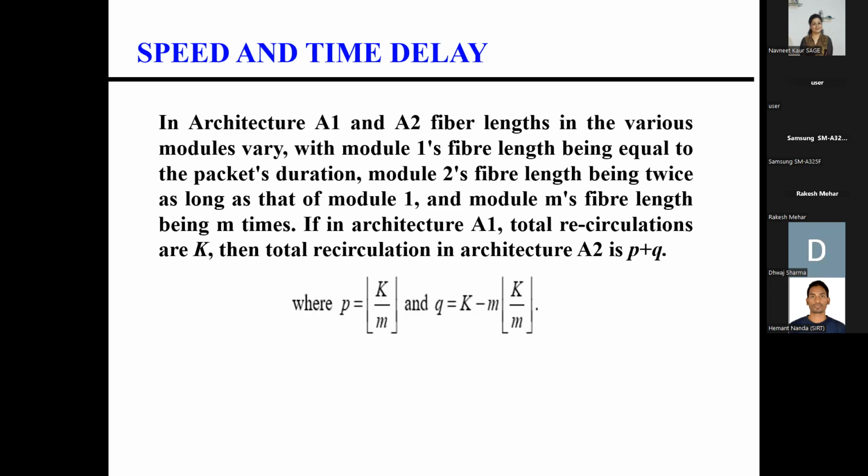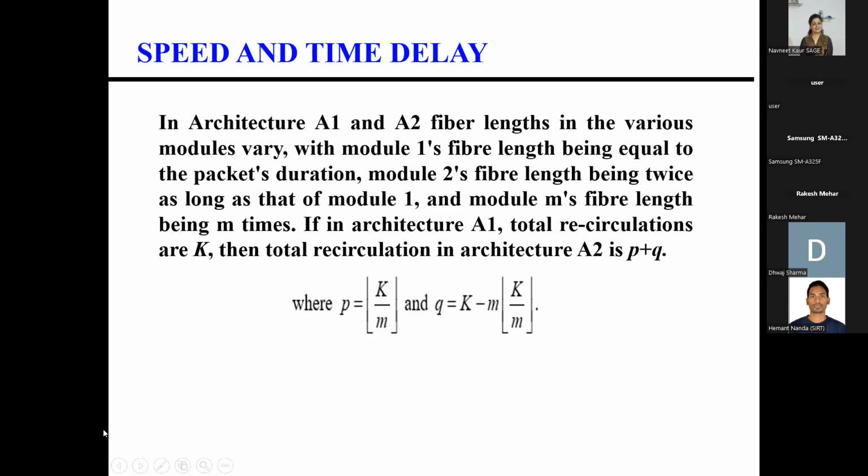But in the recirculating buffer, the data remains in one fiber and rotates many times. So the loss is less and speed is maintained. And this is the formula. That's why it's a recirculating time delay. We can control the loss.